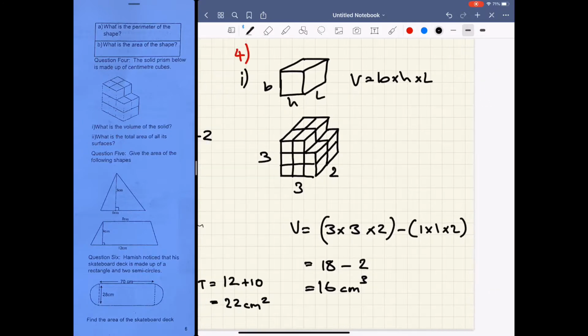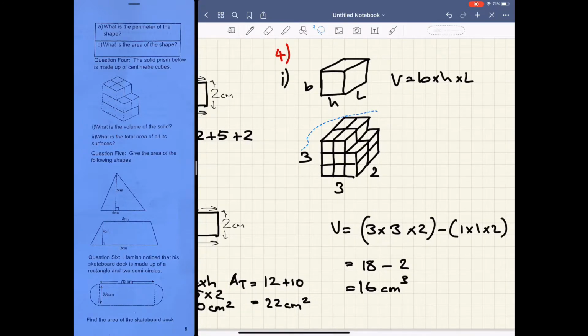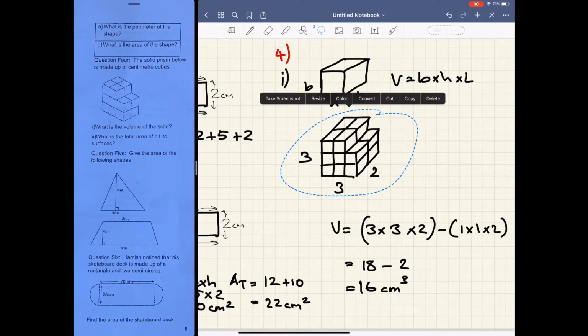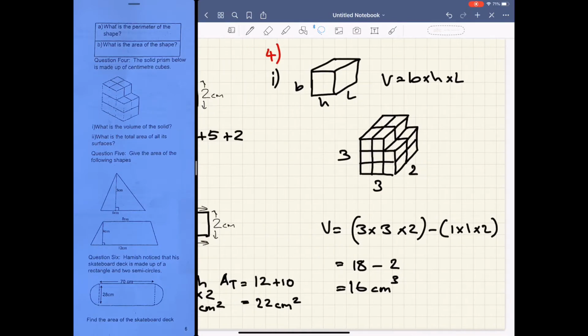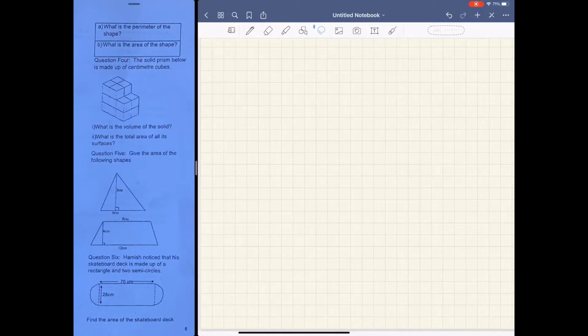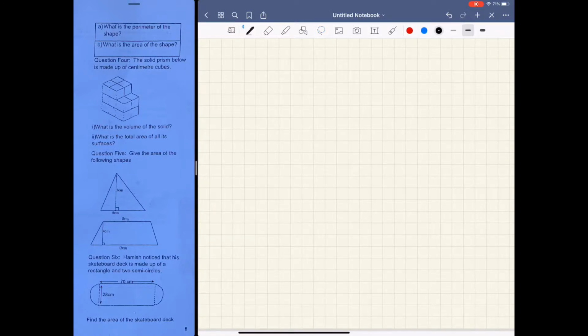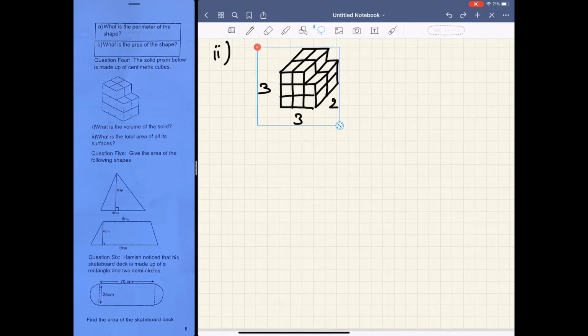Let's just copy this for the next question. Okay, the next question, which is part 2 of question 4, asks for the total surface area of all of this.